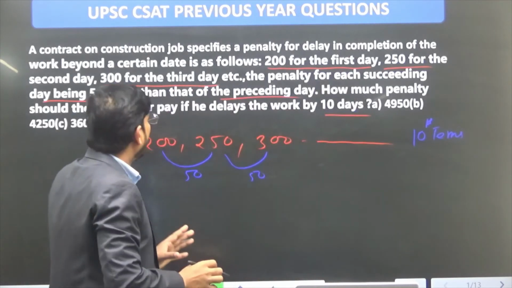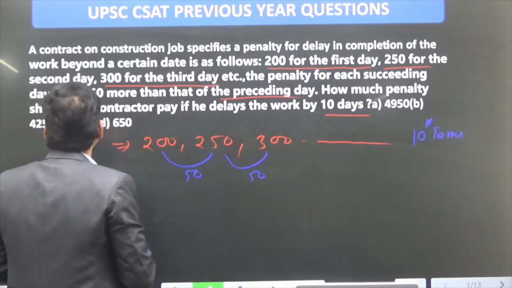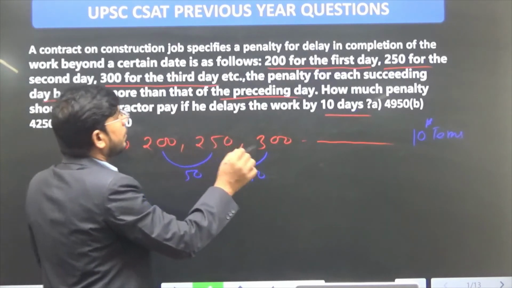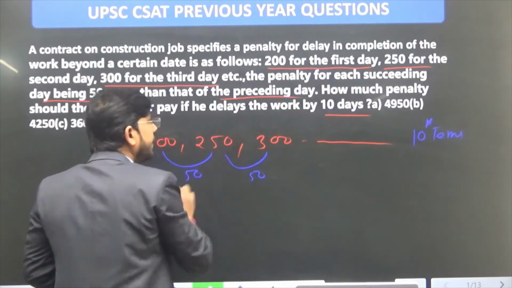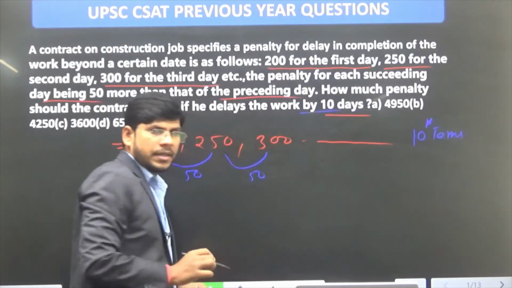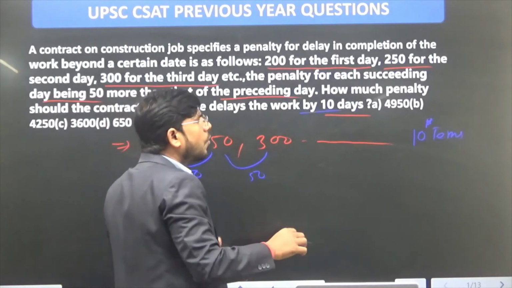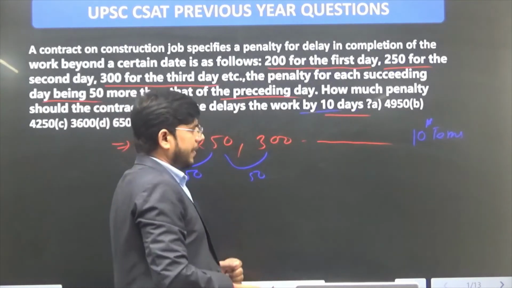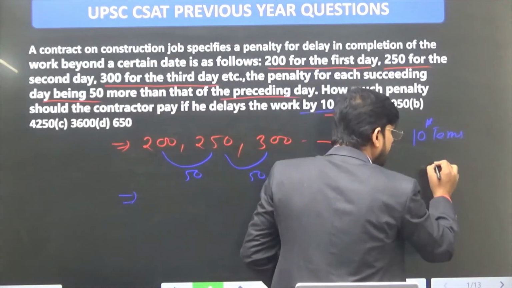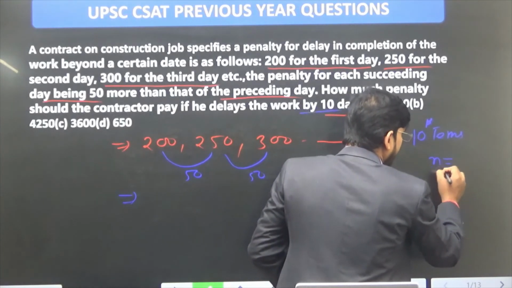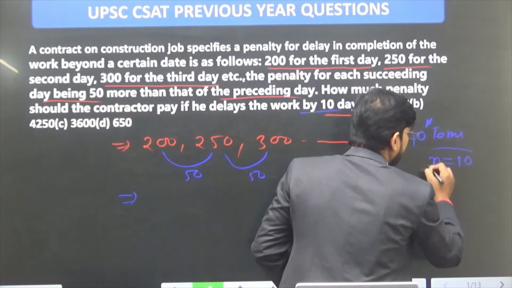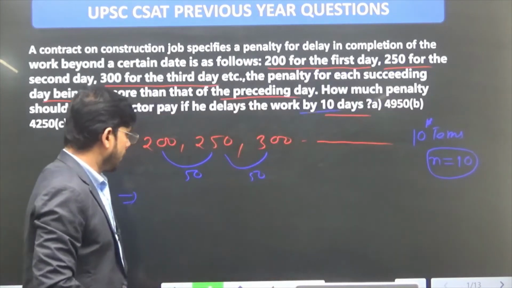So we have to find the total penalty, how much penalty the contractor should pay if he delays the work by 10 days. So the total number of terms will be 10. It means the value of n is 10.